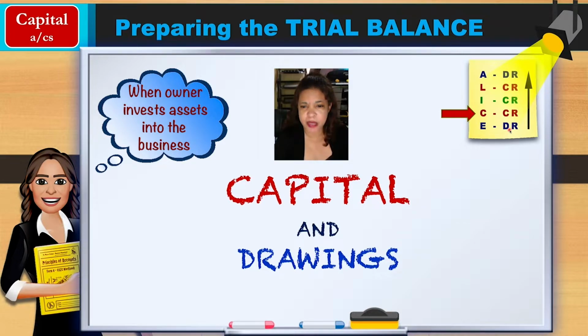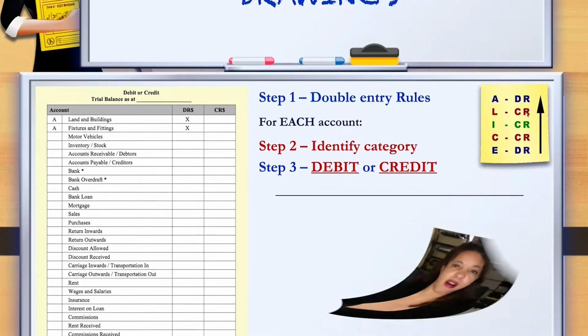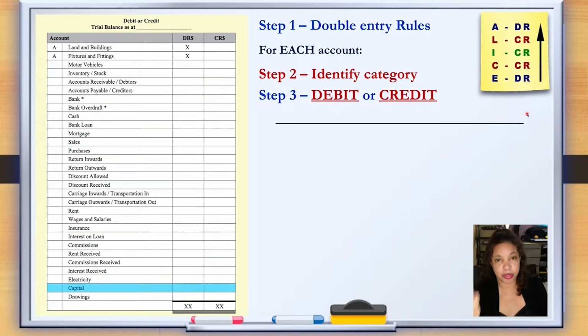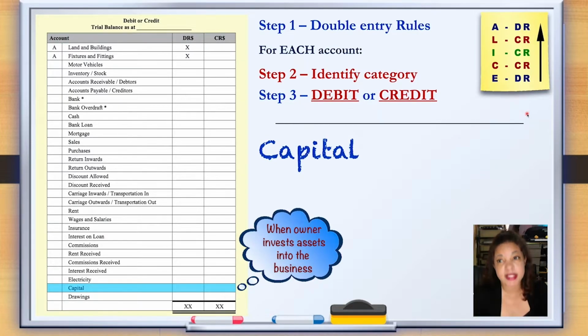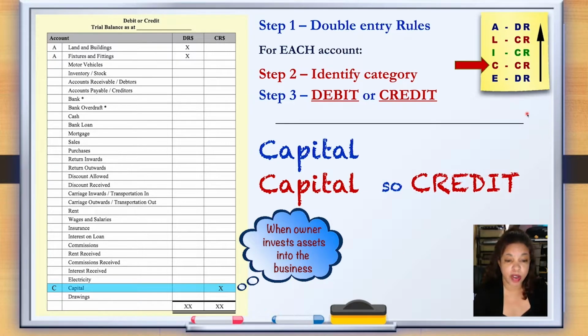Does that mean that we say drawings is a capital account credit? Nope. And this is why I said that there are at least, well, I think it's about three, but mainly two items that is not just as easy as the steps for the majority of them where you identify and you just automatically go to the side. So for capital, capital is still easy. It is capital, so you go on the credit side.